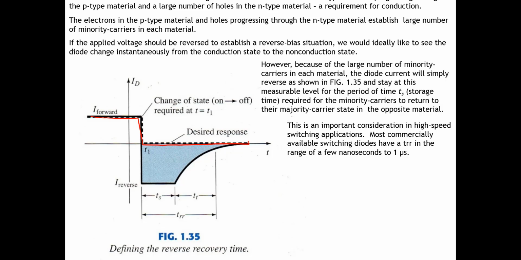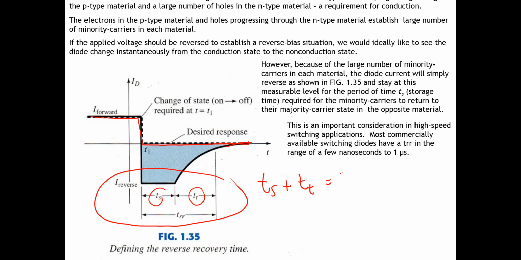It's like the transition, the reverse recovery time, TRR. The reverse recovery time consists of two parts, TS and TT. TS is the storage time, and TT is the time from the end of the storage time until the diode is off, like this one. So TS plus TT becomes TRR.